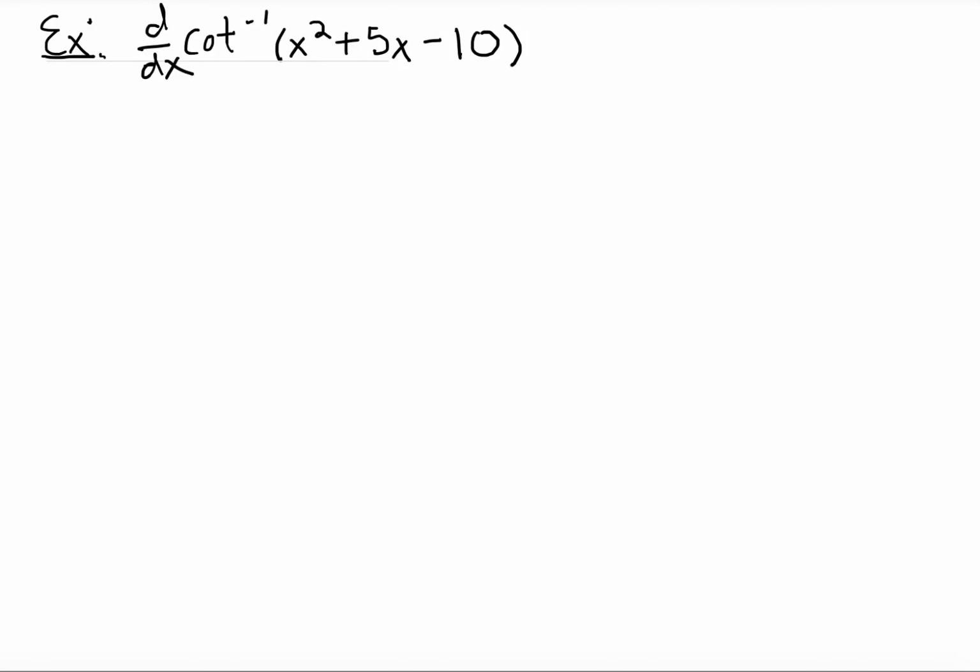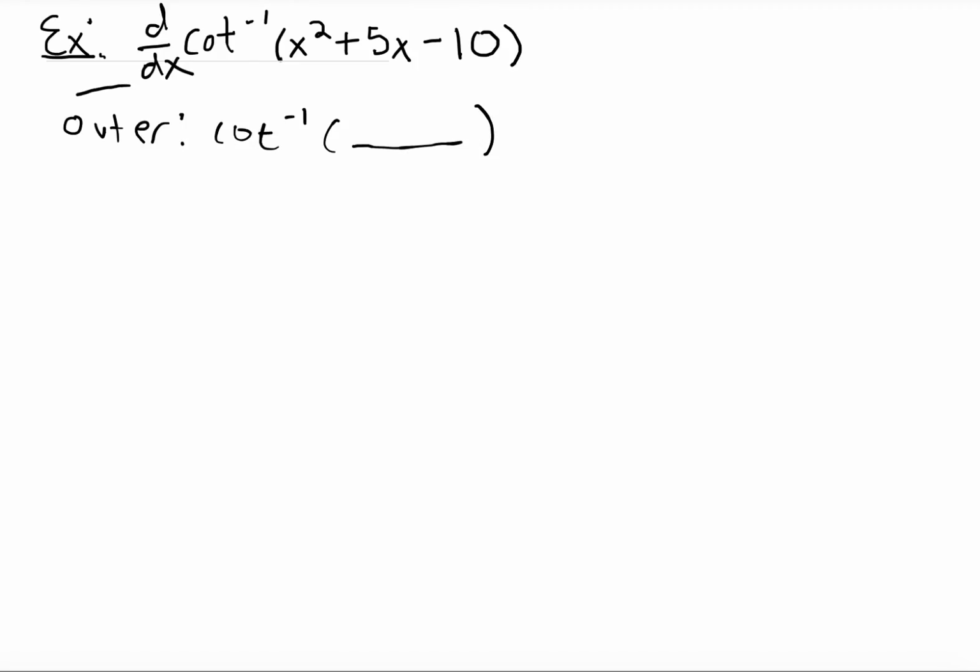Here I want the derivative of cotangent inverse of a polynomial. Now we can go ahead and note this is a composition of two functions, so I'm going to need chain rule here. Do note that your outer function is this cotangent inverse of something.